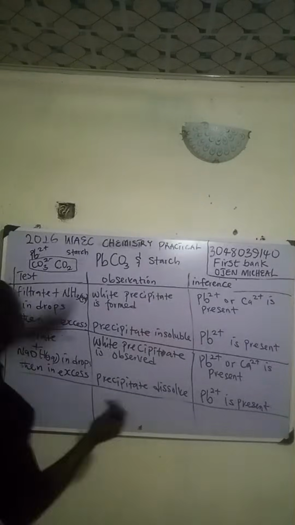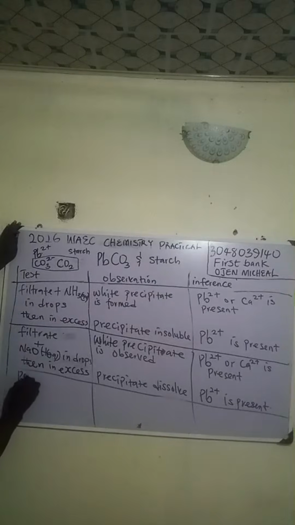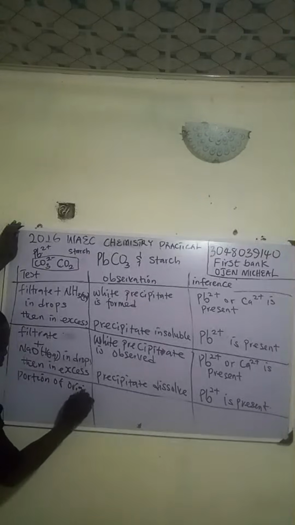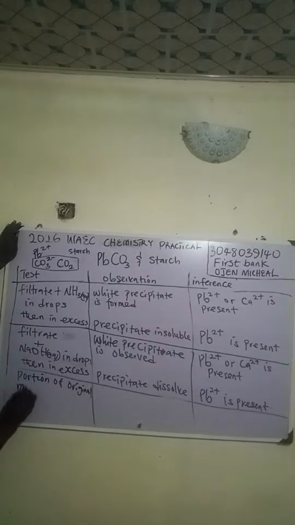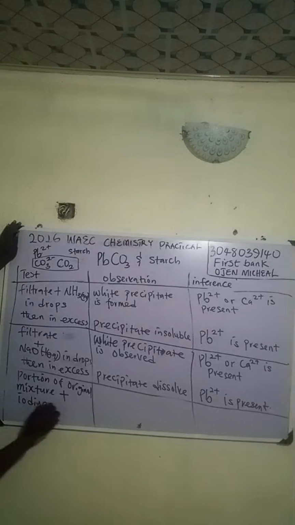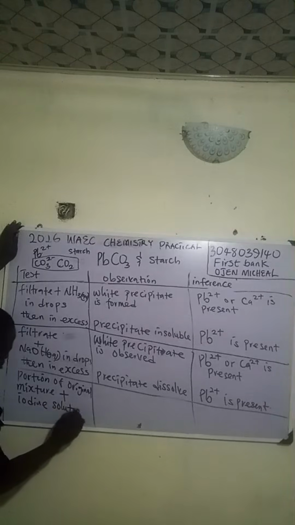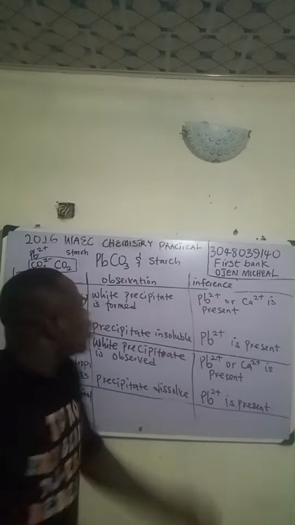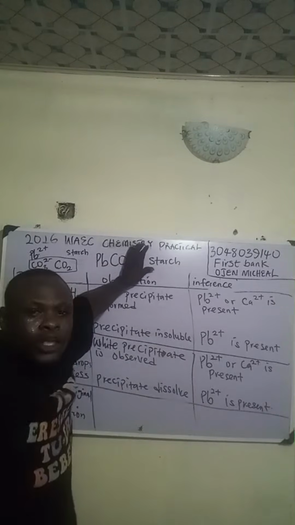So in the test for starch now, you say portion of original mixture plus iodine. Please note, they cannot ask you to use the residue of that mixture. They will ask you to go and use the original mixture.